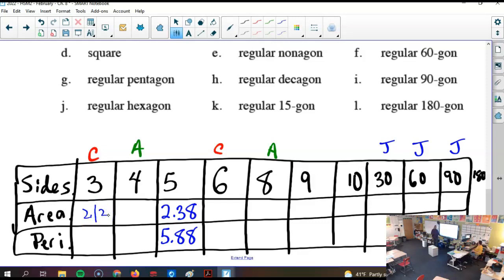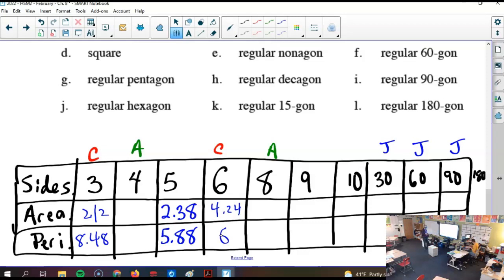Perimeter? That's exactly 4 times that. Okay. So that's the area of that. Multiply that. Is that good, Mr. Hudson?